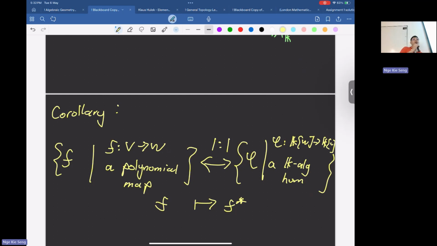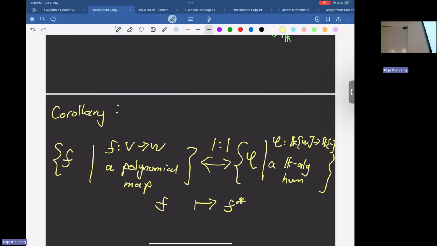When is a polynomial map an isomorphism? If it is invertible. So there exists a g such that hg is identity and gh is identity. If we talk about isomorphism here, then we can talk about isomorphism on both sides, and you will have an isomorphism of algebraic sets.